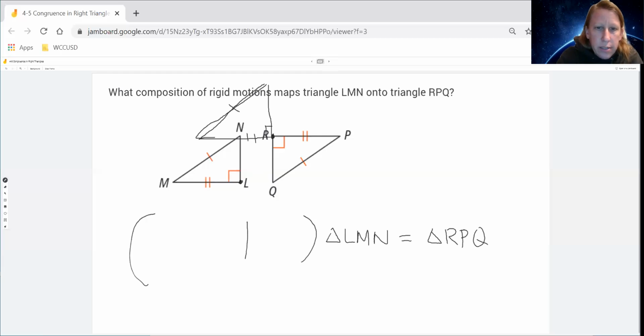I did a translation and I moved it. I don't know how many I moved it because it's not on a coordinate plane, but I moved it so that L got to where R was. I don't know if that's exactly the right notation, but that's the idea. So L is going to move to R. Okay. And then how can I get this one onto this one? Do I need to rotate it? Do I need to reflect it?